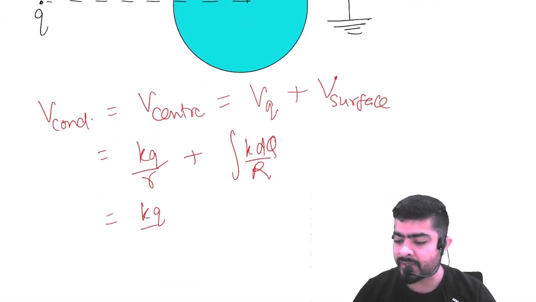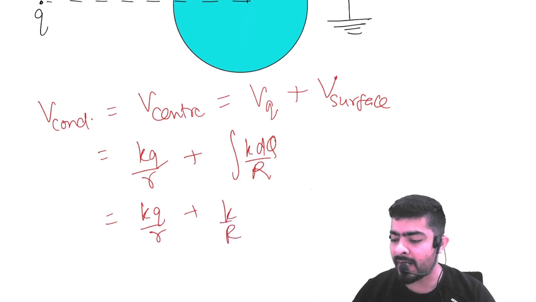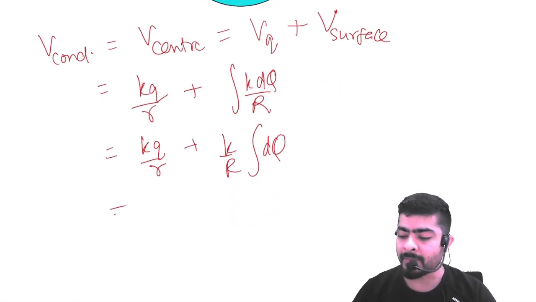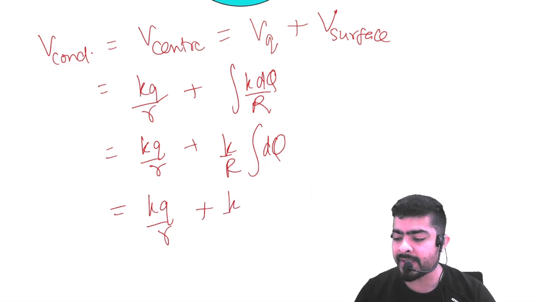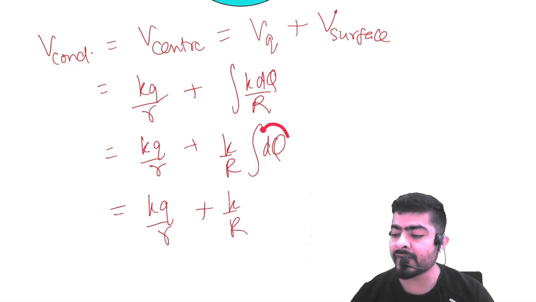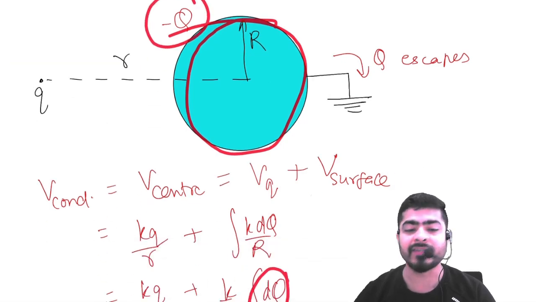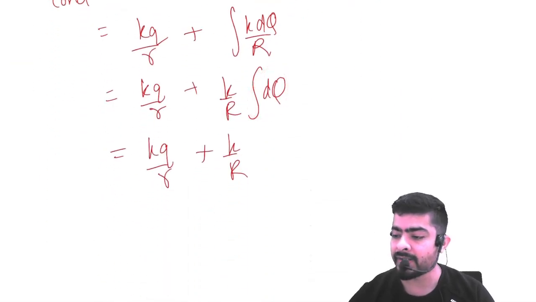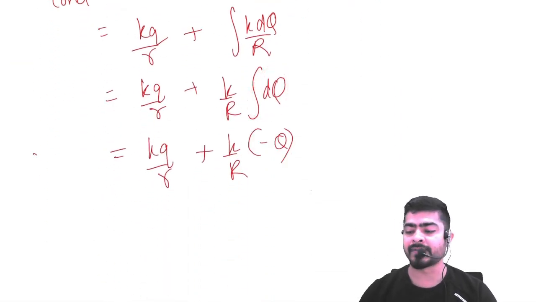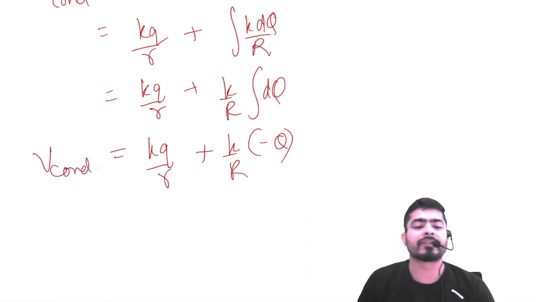So I get kq by r plus k by R integration dq. Integration of dq will give me what? Total charge of the conductor, that is minus Q. So I'll get minus Q over here. This is the potential of conductor.